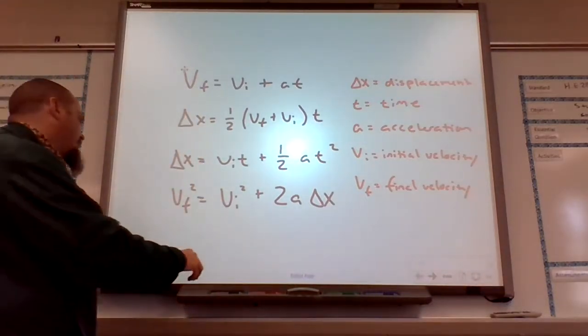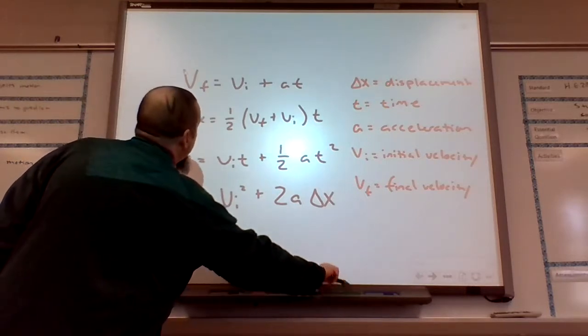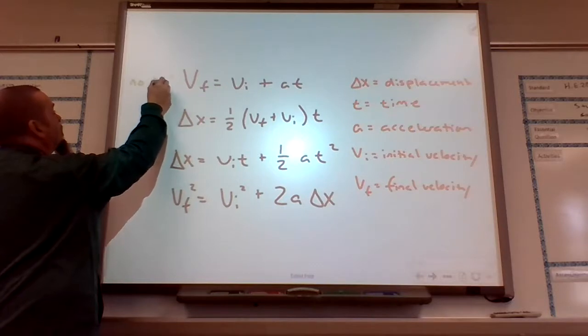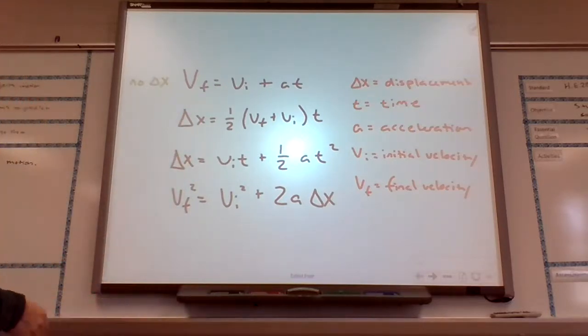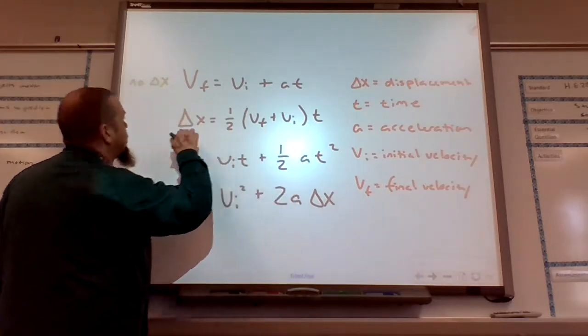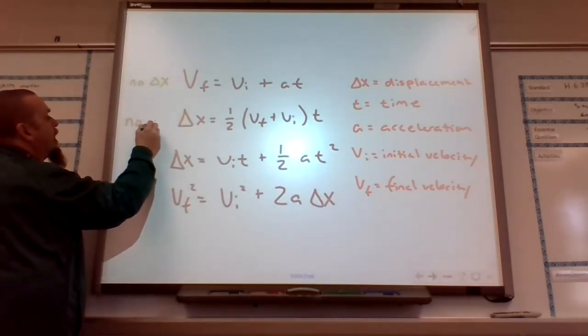So again, we could describe this one up here as the no delta x equation, no displacement. So if you don't know the displacement of your object, but you have Vf, Vi, A, and T, the other four variables, you can work with them. Again, this one here, the variable that's missing is acceleration. That is the no A equation.